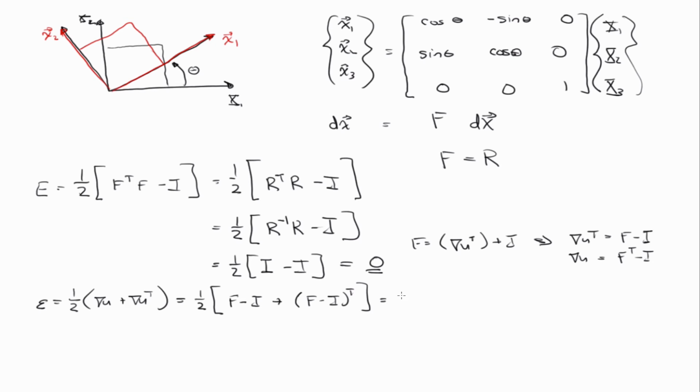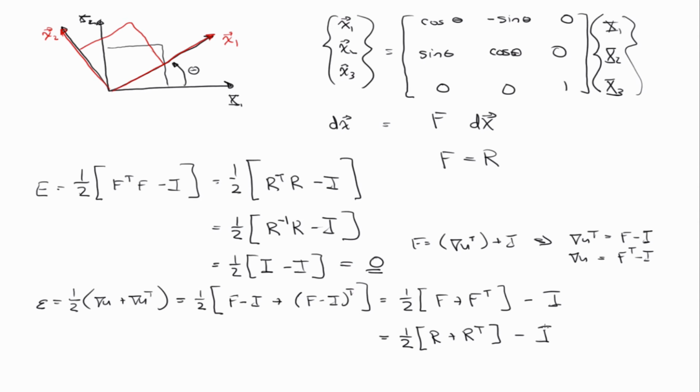And that is equal to, if you work it out, 1/2 (F plus F transpose minus I). So we can write the small strain in terms of the deformation gradient only. And then if I plug this in, with F equal to R, then I have that 1/2 (R plus R transpose minus I). And we want that to be 0.